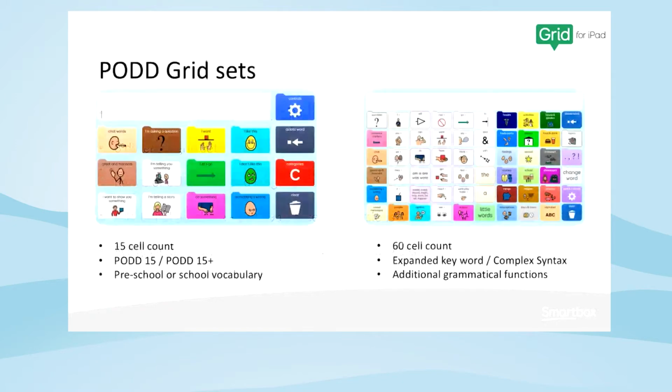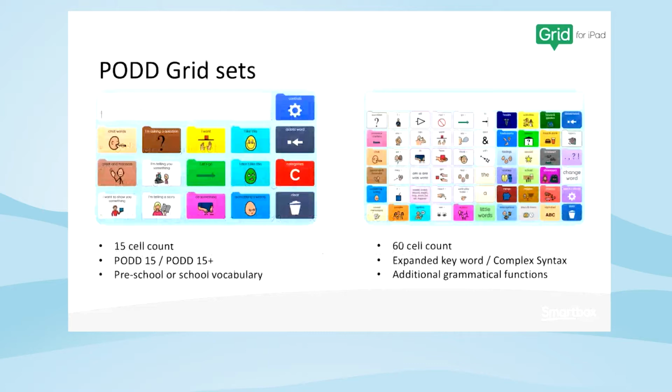Of our 6 PODD vocabularies, we have different cell counts and different language levels. We start with PODD 15, which is available in either a preschool or a school-based vocabulary. Then we have PODD 15 Plus, which also has 15 cell locations, but introduces more vocabulary so that users can start to build up longer sentences.